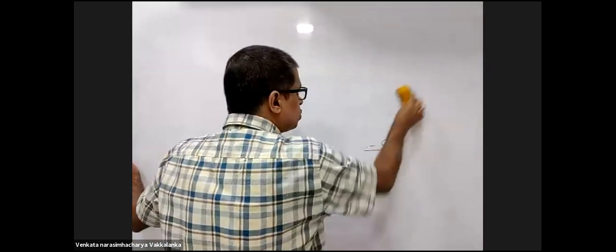Now, when it comes to a triangle, it's always a geometrical representation using a scale and pencil. 5 Newton force this way, 6 Newton force this way. Connect these both lines, measure the length, that is your answer. Right? Do we have a mathematical calculation, analytical system to tell me the resultant instead of measuring the length?